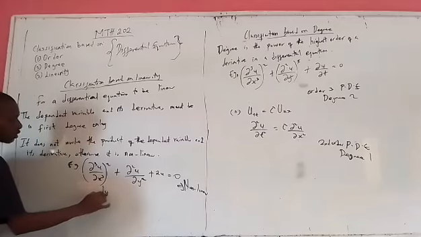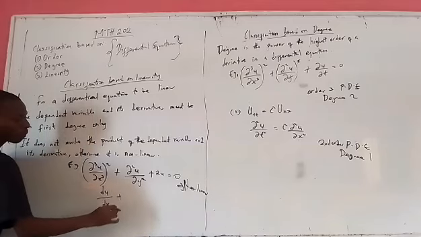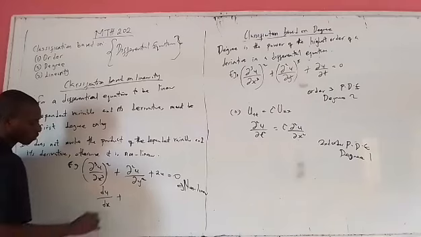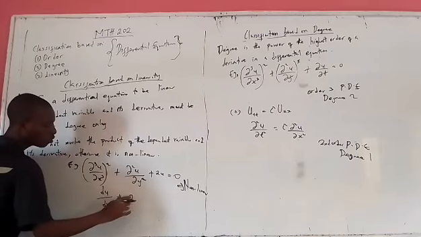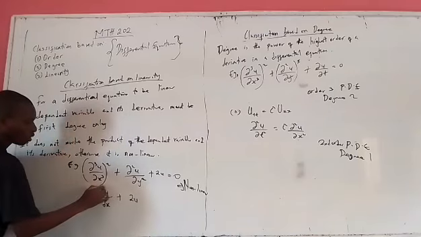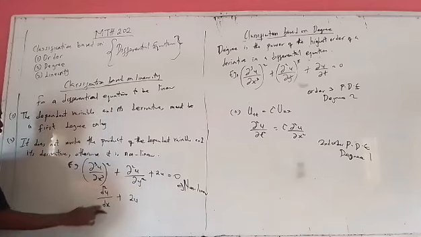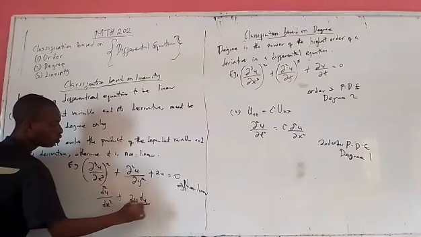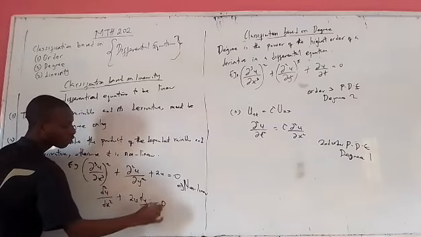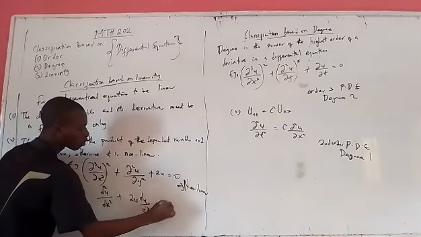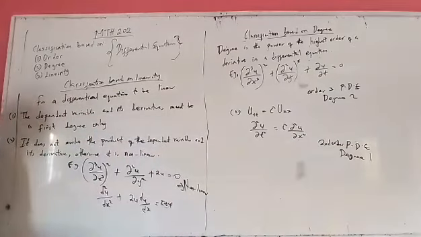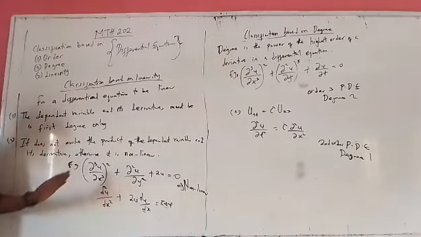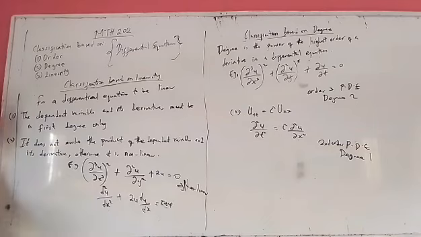If it is the u dx plus 2u, and the square u dx square plus 2u du dx is equal to cos u. Now, this is also non-linear. Why?